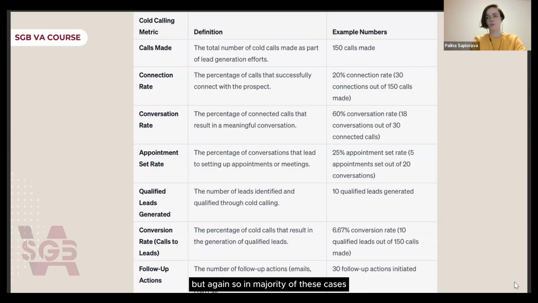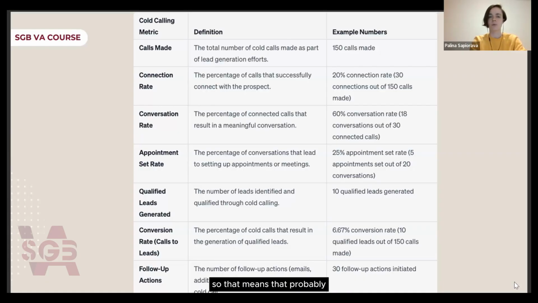But again, in the majority of these cases, the main metrics is how many calls you made, or how many emails or outreach messages you sent, and what are the results. It's always better for you to actually manage your answers, because they can be different, to understand, for example, how many people weren't interested because they technically answered.